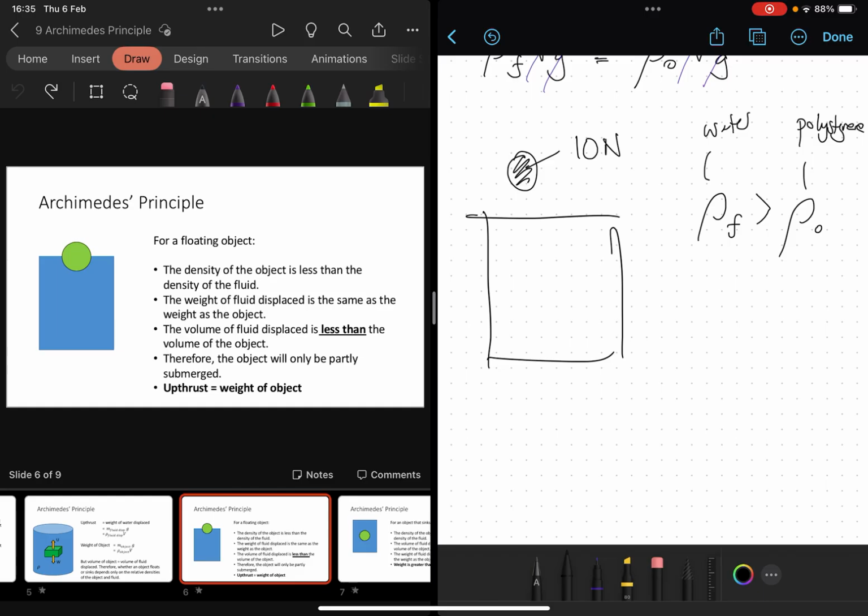So what that means is that as we lower that object into that water, that object is going to displace its own weight. In other words, we are going to displace 10 newtons of water. However, because the density of that water is greater than the object, the volume of what we displace is going to be less than the volume of the object.